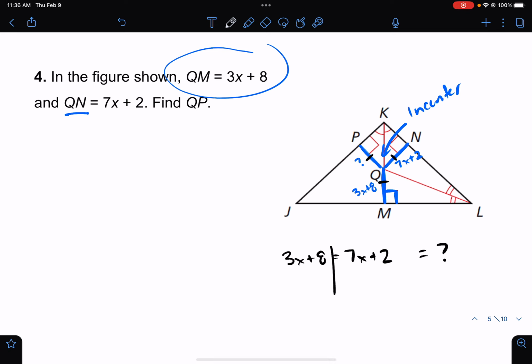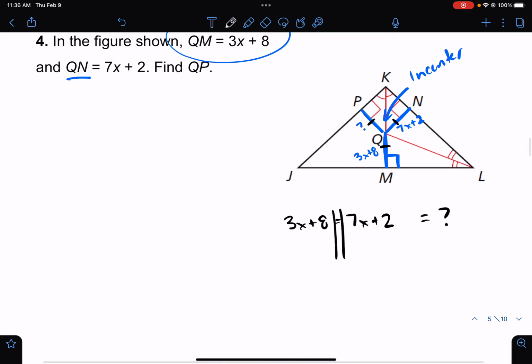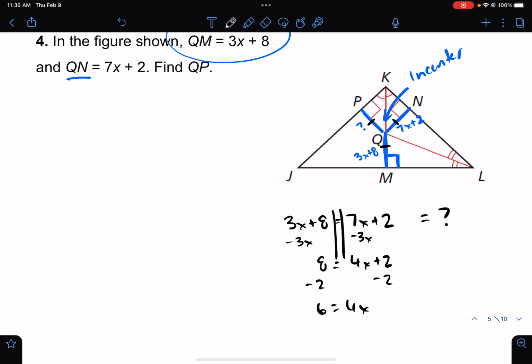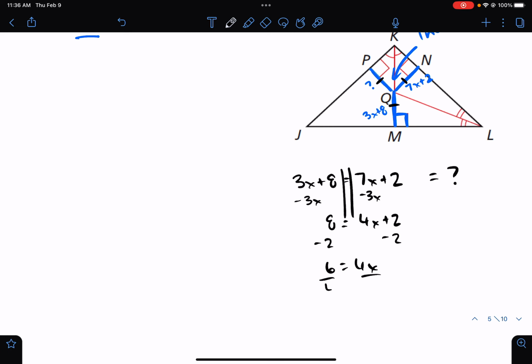So I'm going to railroad track, figure out what x is. I'm going to minus 3x. I'm going to minus 3x. So 8 equals 4x plus 2. I'm going to minus 2 over here. 6 equals 4x. I'm going to divide by 4. So x equals 3 halves or 1.5.